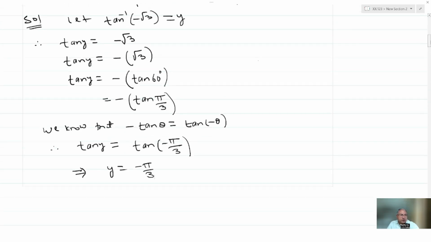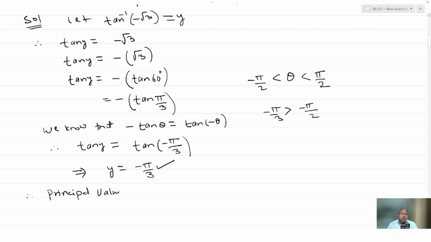And minus pi by 3 is greater than minus pi by 2. Therefore y equals minus pi by 3 can be accepted as a principal value. Therefore, the principal value of tan inverse of minus root 3 is equal to minus pi by 3. This is the required solution.